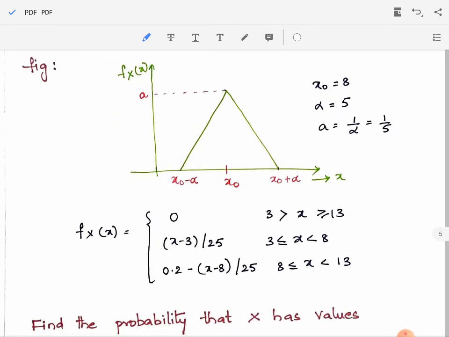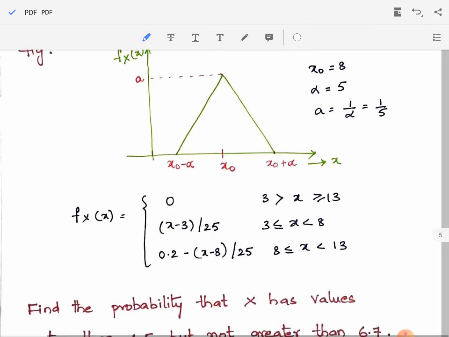The PDF fX(x) is equal to 0 outside the range 3 to 13, (x minus 3)/25 for x between 3 and 8, and 0.2 minus (x minus 8)/25 for x between 8 and 13.